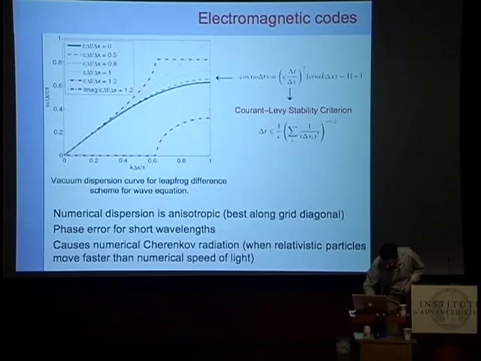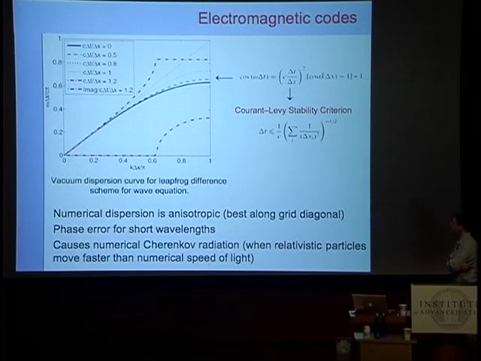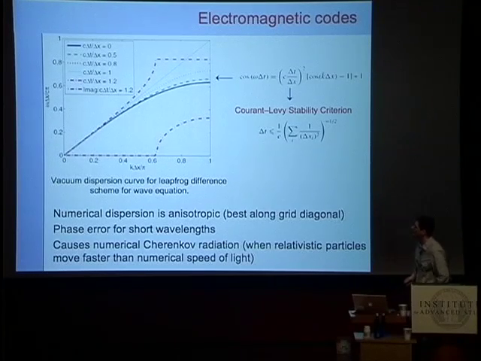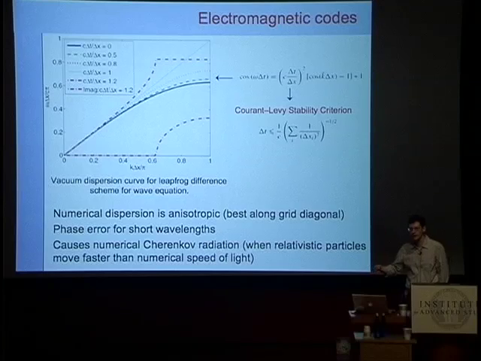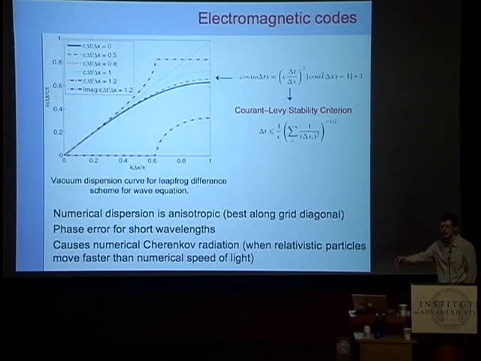This electromagnetic solver has various interesting properties, one of which is the numerical dispersion relation. What's shown here is the numerical frequency that you compute for a given wavelength of an electromagnetic wave, just calculated with this finite difference time domain method. So we just send the electromagnetic wave without any plasma and send it through the grid.